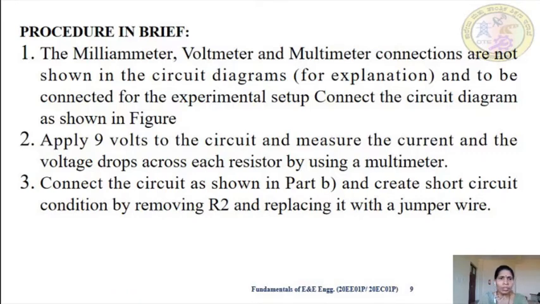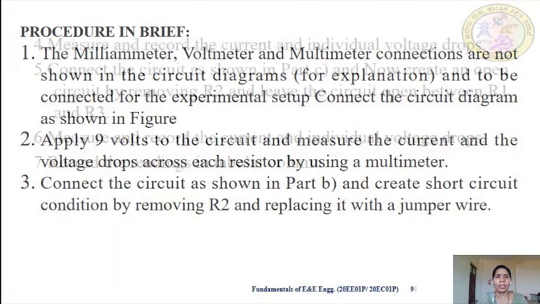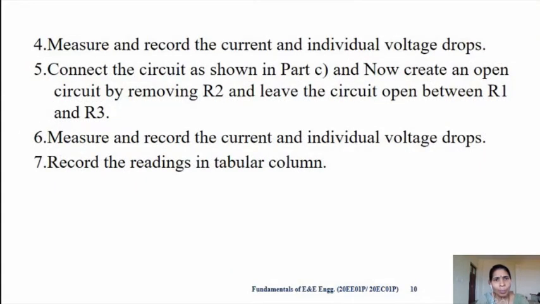In the third step, connect the circuit as shown in part B. That means in the second circuit we are creating the short circuit condition by removing R2 and replacing it with the jumper wire. Measure and record the current and individual voltage drops.